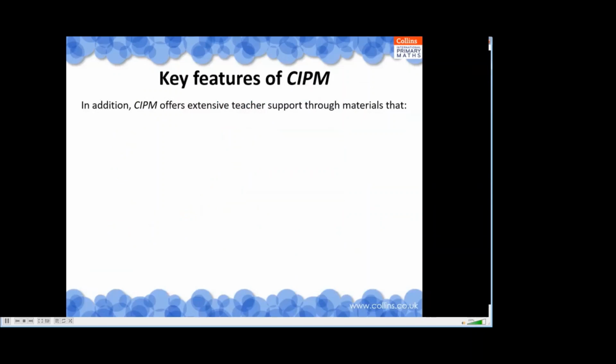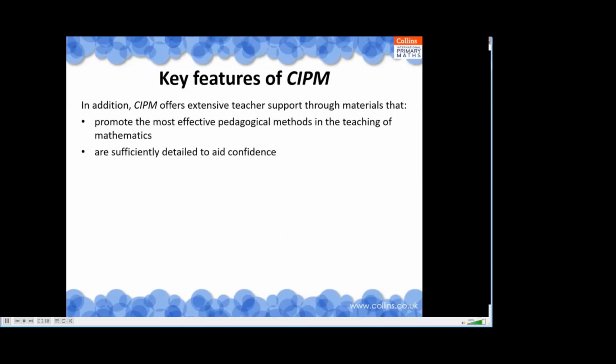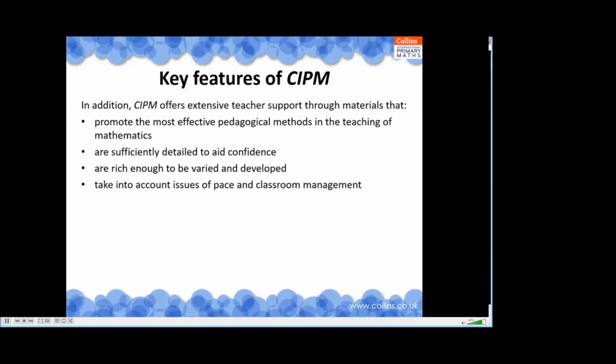In addition, Collins International Primary Maths offers extensive teacher support through materials that promote the most effective pedagogical methods in the teaching of mathematics, are sufficiently detailed to aid confidence, while at the same time being rich enough to be varied and developed, take into account issues of pace and classroom management, and how these vary between classes.